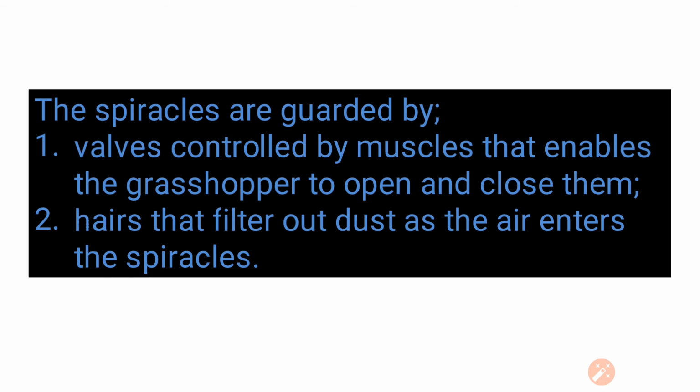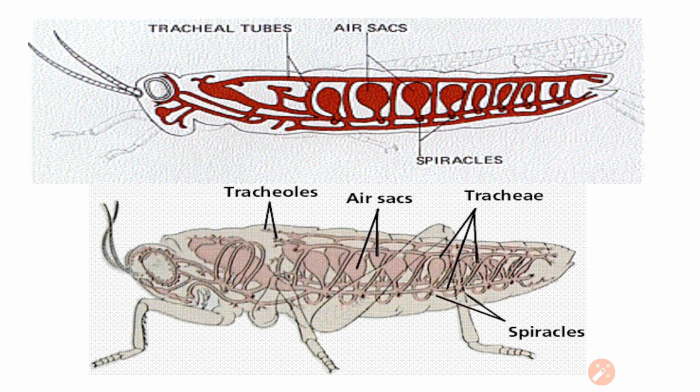Hairs that filter out dust as the air enters into the system. This is another picture. You can see the trachea tubes, the air sacs, and then the spiracles as well.